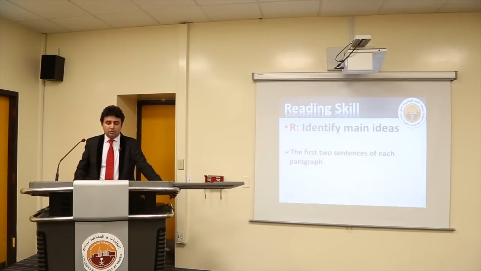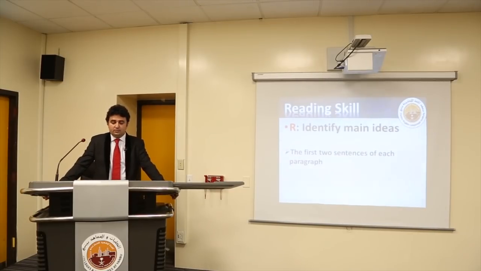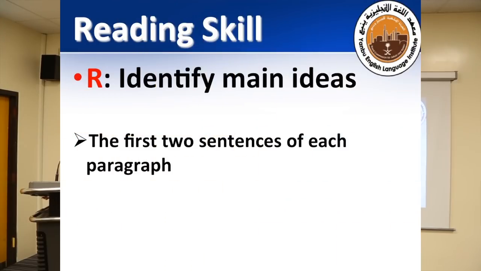Our next learning objective is reading skill. In reading, you identify main ideas. Whenever a reading passage is given, it is always in the form of paragraphs, and each paragraph has one main idea.